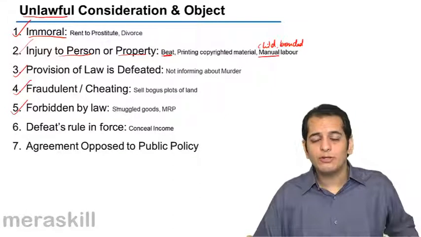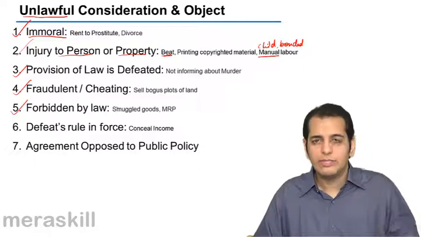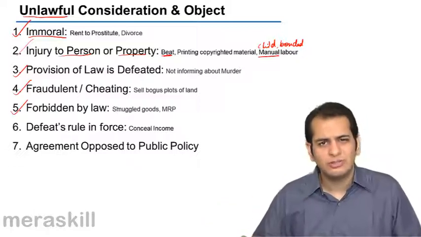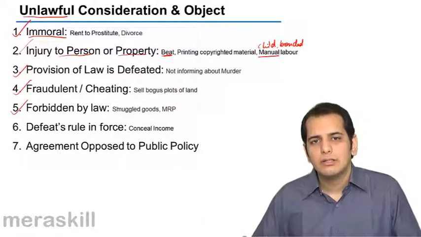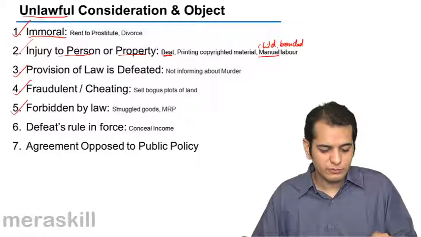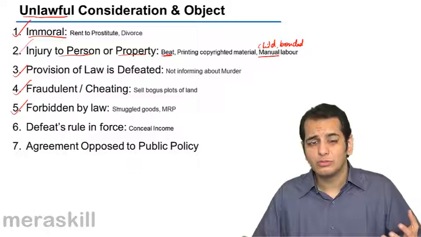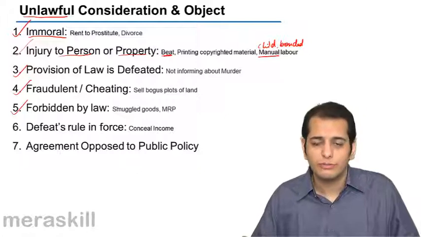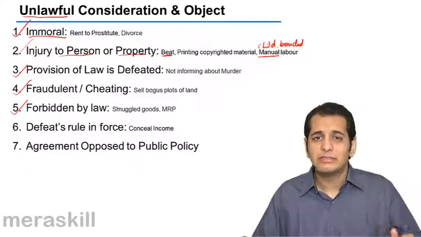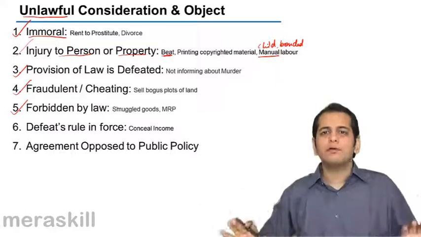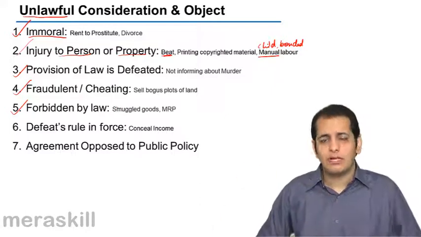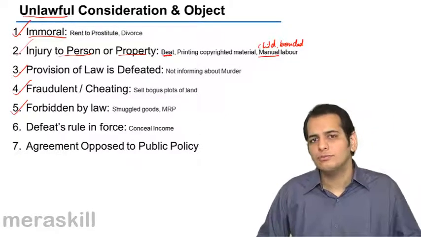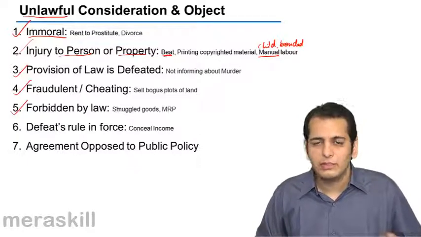So if you enter into a contract with a thief of robbing a next person and sharing whatever things have been robbed, such a contract will also be unlawful because such things, smuggling of goods, contracts of robbing someone, contracts of raping someone or killing someone, they are expressly prohibited by law. Law says you cannot do such acts, and if you do them, you will be doing something which is against law, so it will become unlawful, and such contracts will be void.